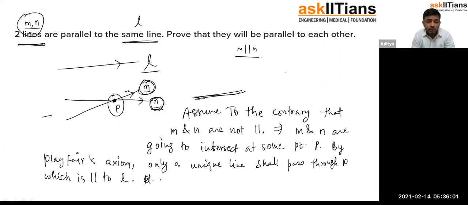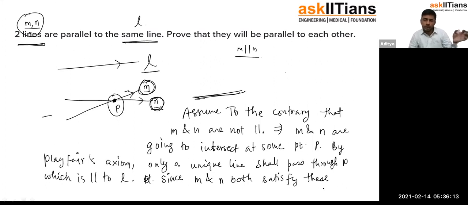Hence, since M and N, both lines, both satisfy these conditions. What are these conditions? That they both pass through P, they both are parallel also to L. So since both of these lines are satisfying these conditions, what can we say?